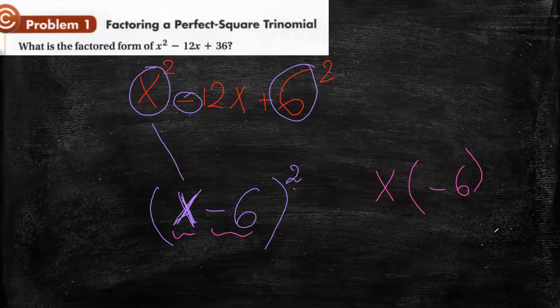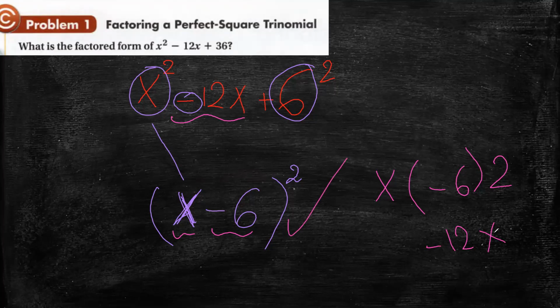If you multiply them by 2, what did you get? 6 times -6 times 2 is -12x. Then after I multiply them, I will look here. Is it the same as the middle term? Yes. So I will say this is the factored form of x squared minus 12x plus 36.